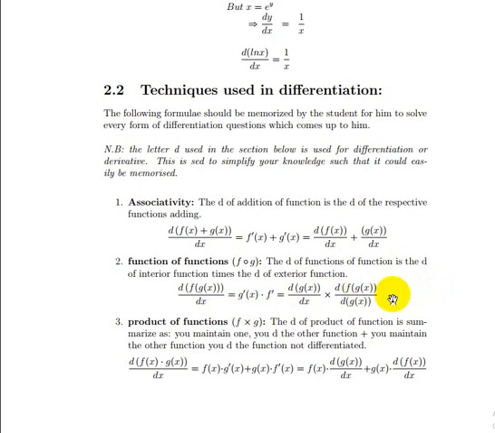It states that if you want to differentiate a function of a function, you differentiate the internal function, which is g of x, with respect to x, then you multiply times the differentiation of the external function with respect to the internal function.